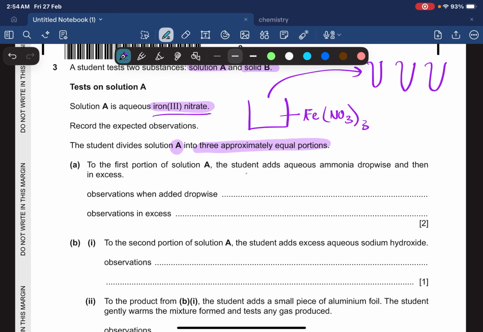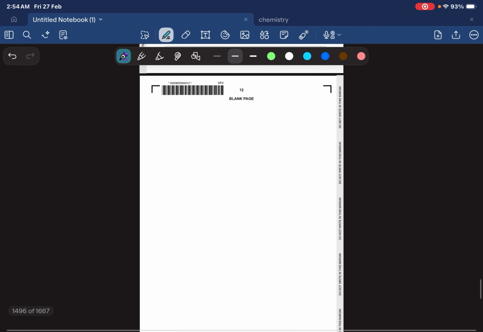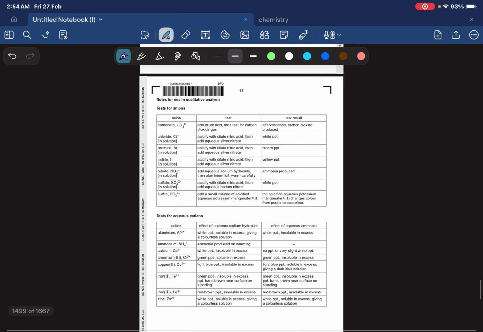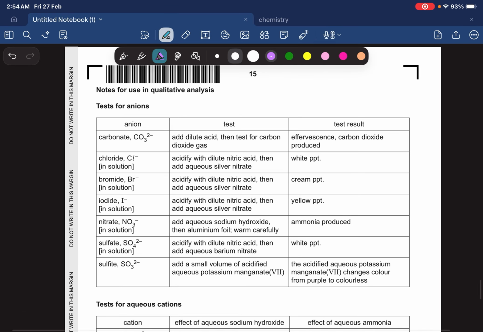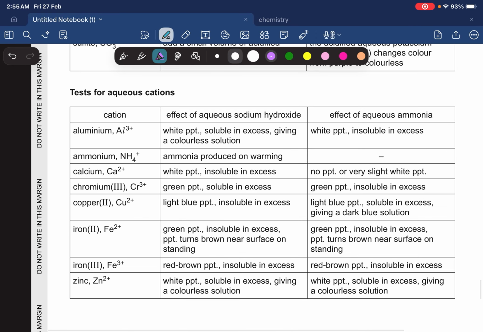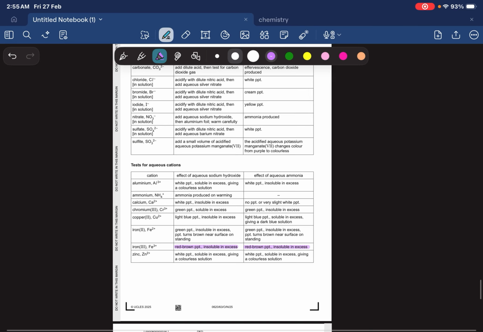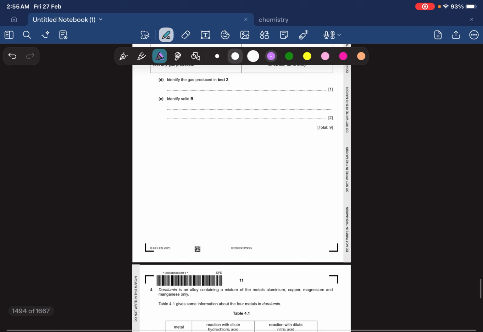To the first portion of A, the student adds aqueous ammonia drop-wise, then in excess. What's going to be the observation for iron 3 when you add ammonia, and then you add ammonia in excess? You go to the table below and simply copy paste the iron stuff. For iron 3, it's going to be red-brown PPT insoluble in excess.